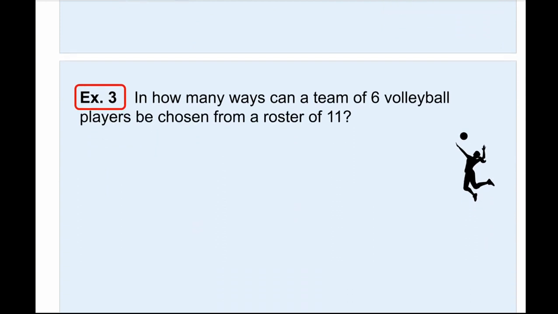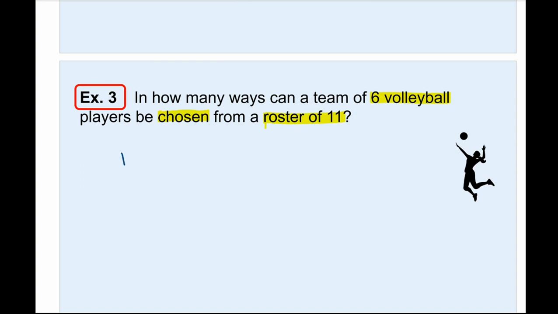Example 3. In how many ways can a team of 6 volleyball players be chosen from a roster of 11? Again, the key word here is chosen. We're looking to choose a team of 6 players from a roster of 11. We've looked at a similar question in one of those permutations or combinations lessons.